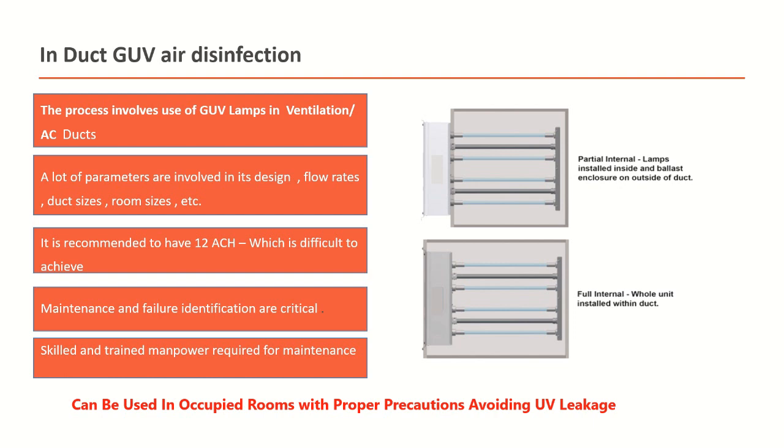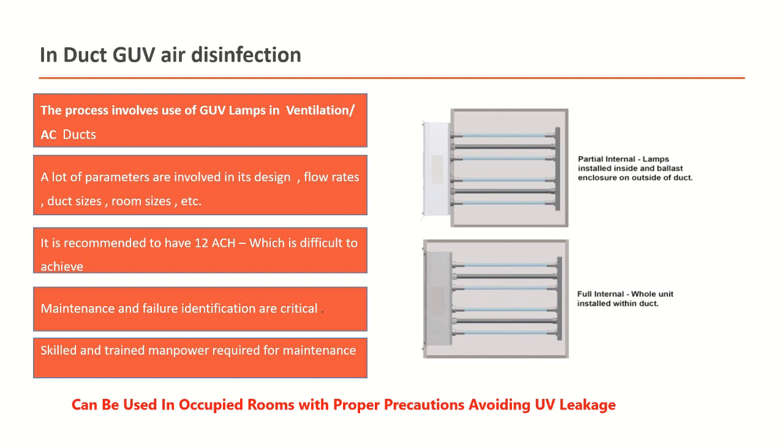In this method, there have been found to be a lot of accidental hazards because of maintenance staff or untrained maintenance staff trying to repair the systems. The second negative point here is there is no identification of failure of these lamps.